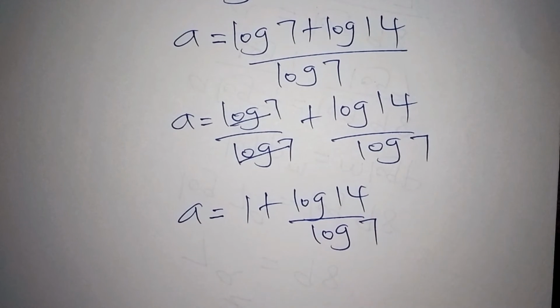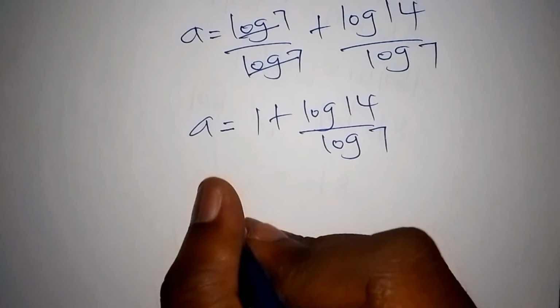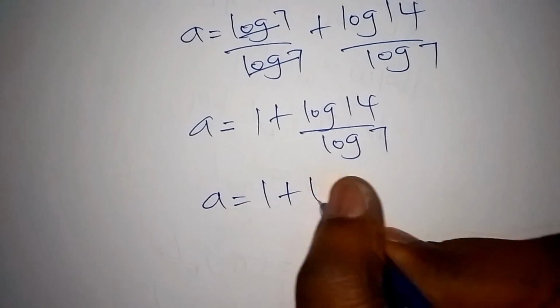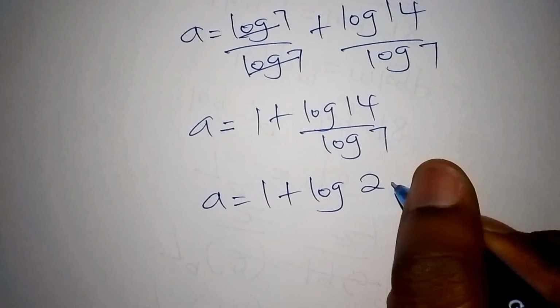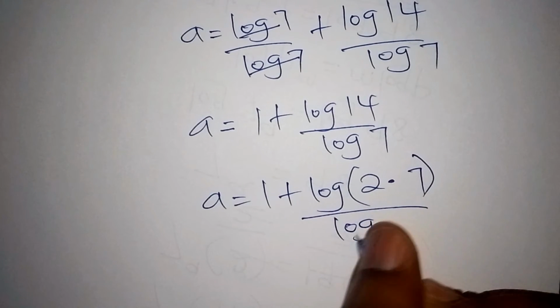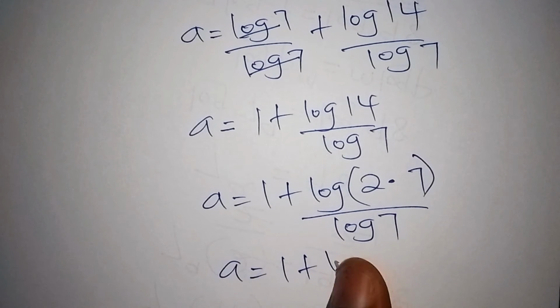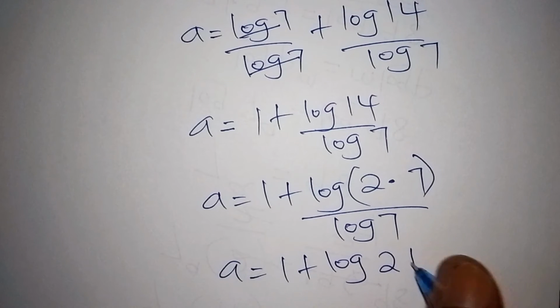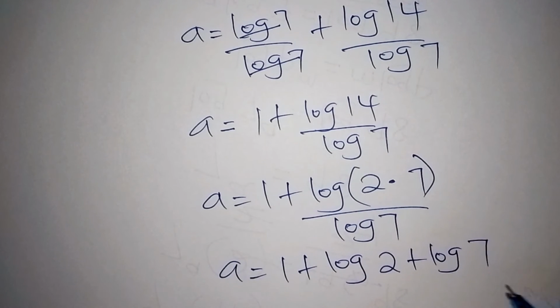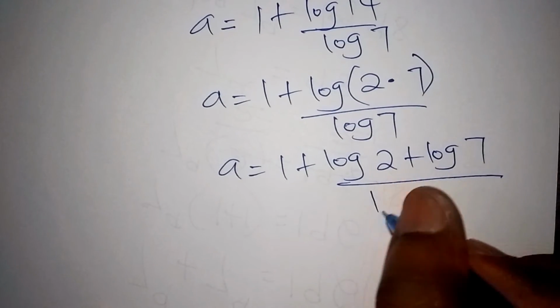When you realize the answer is this way, you can still simplify it very fast by having a is equal to 1 plus the log of 14, which can be 2 multiplied by 7, all over the log of 7. So now our value for a is equal to 1 plus the log of 2 plus the log of 7, all over the log of 7.